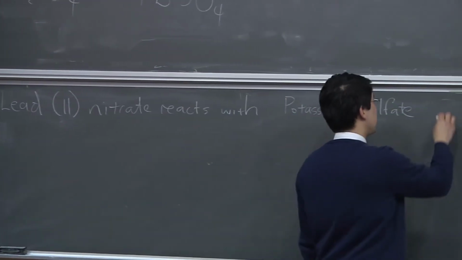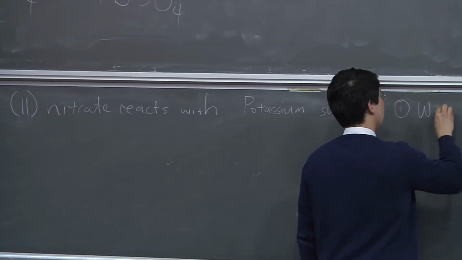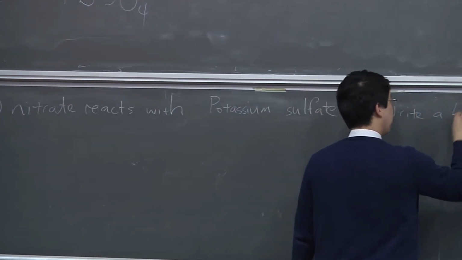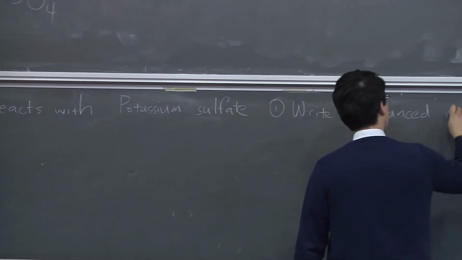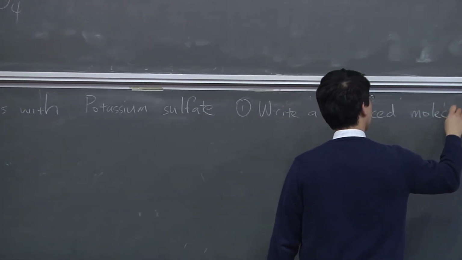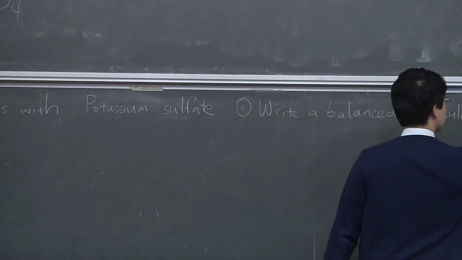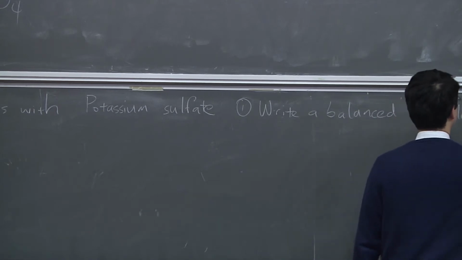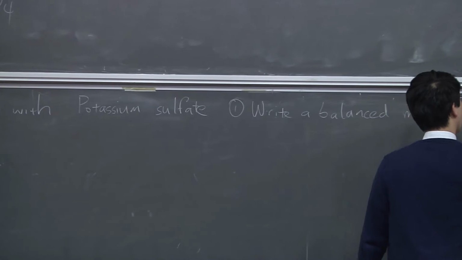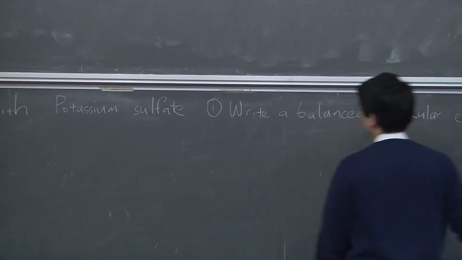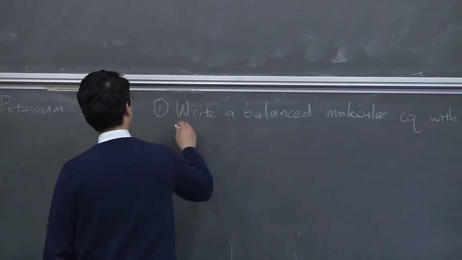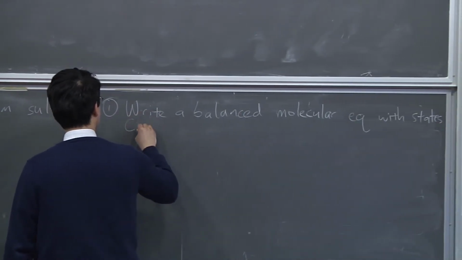What are we going to do? We're going to say 1, write a balanced molecular equation, or complete equation. It means just a balanced, regular, plain old balanced equation with states. Circle the precipitate.